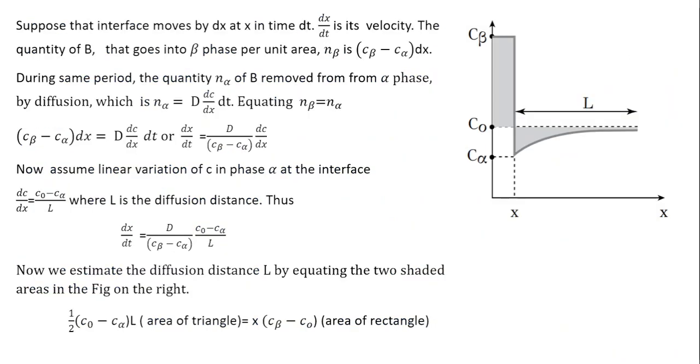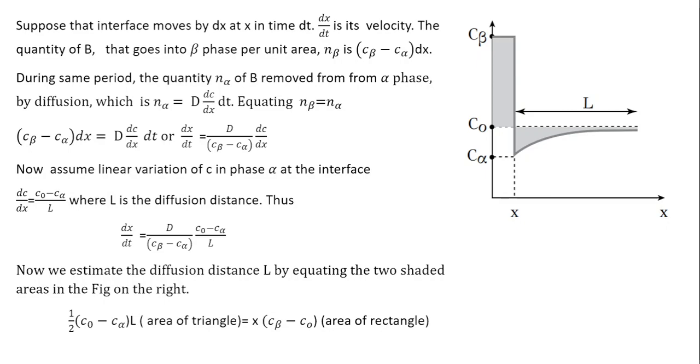Suppose the interface moves by dx at x in time dt, then dx/dt is equal to u, its velocity. The quantity of B that goes into beta phase per unit area is n beta, and that is given as C beta minus C alpha into dx.